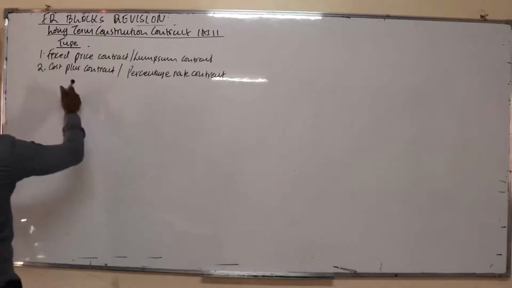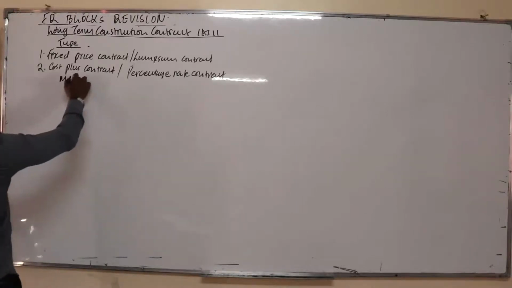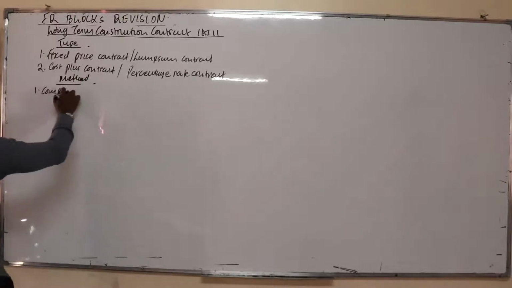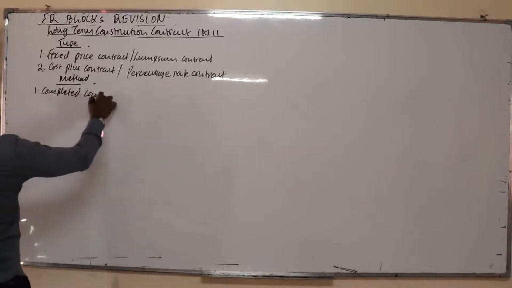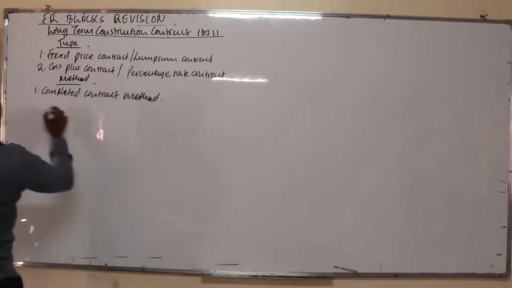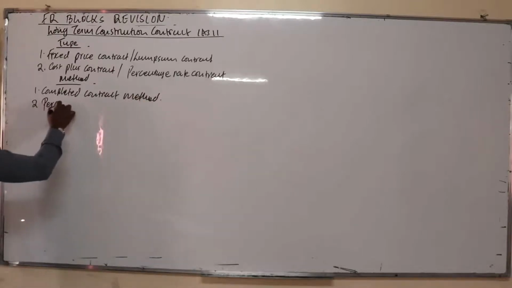Then we say that we have two methods used to account for construction contracts. One was the completed contract method, and number two, the percentage of completion method.